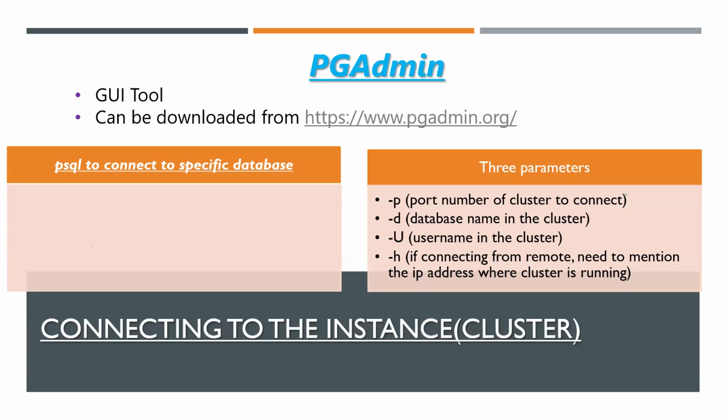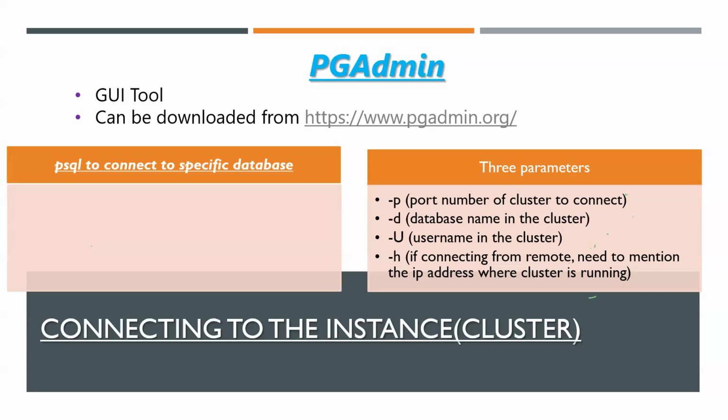Till now we downloaded pgAdmin 4, registered the server from pgAdmin 4, and connected using pgAdmin 4. Correct? Agree? So we completely used pgAdmin 4 to authenticate to the Postgres cluster.